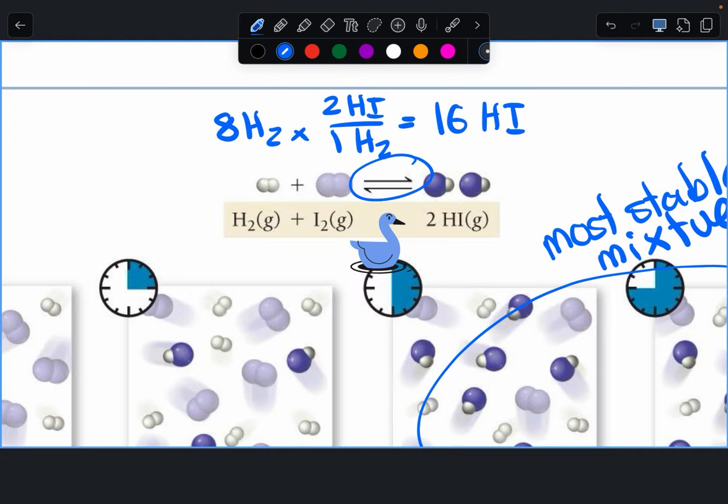So when we hit the point where the concentrations don't change anymore, we say it's at equilibrium, but in reality, there's still reactants making products. It's just that the products are also reacting backwards to make reactants, at the same rate. Every time I2 and H2 make two HIs, they turn around and make I2 and H2.